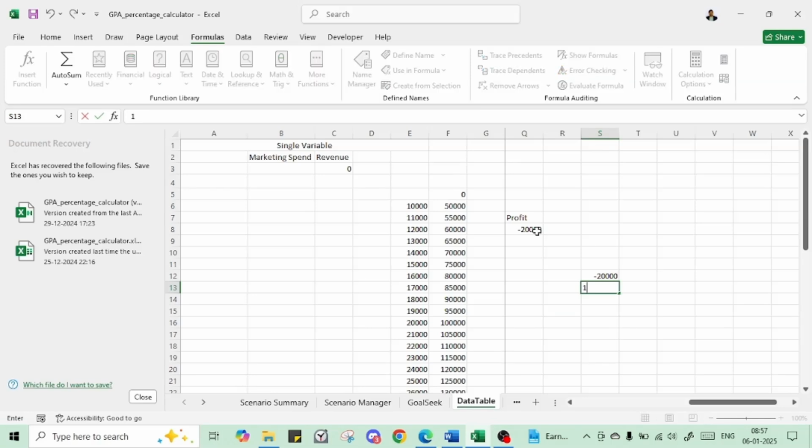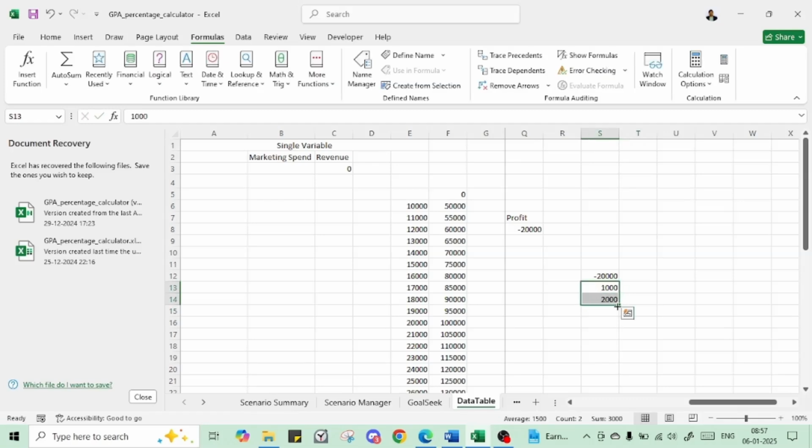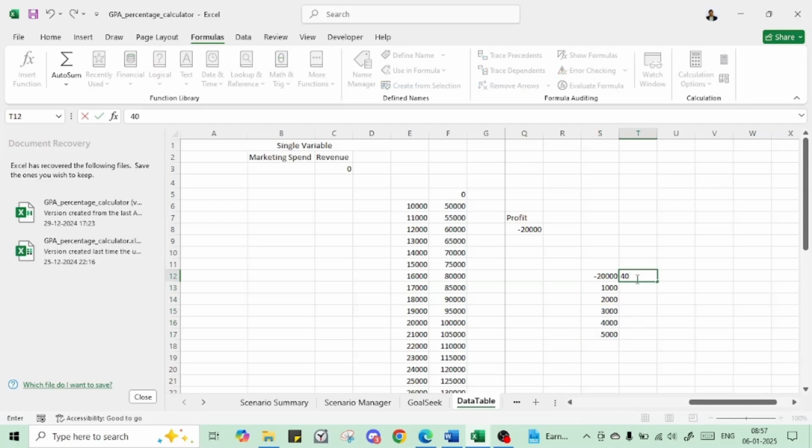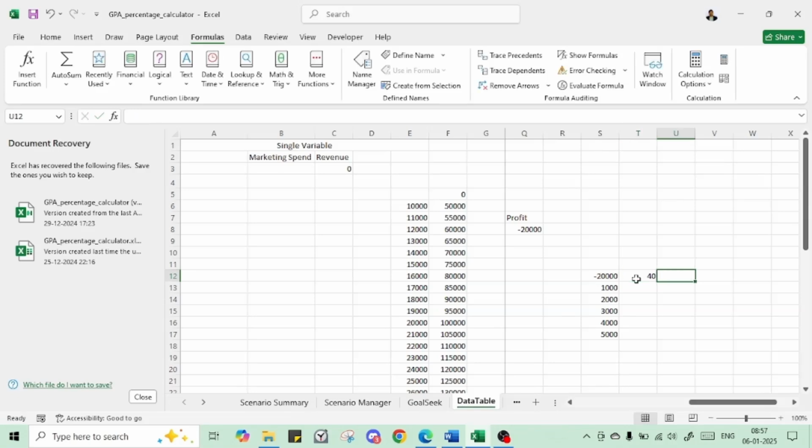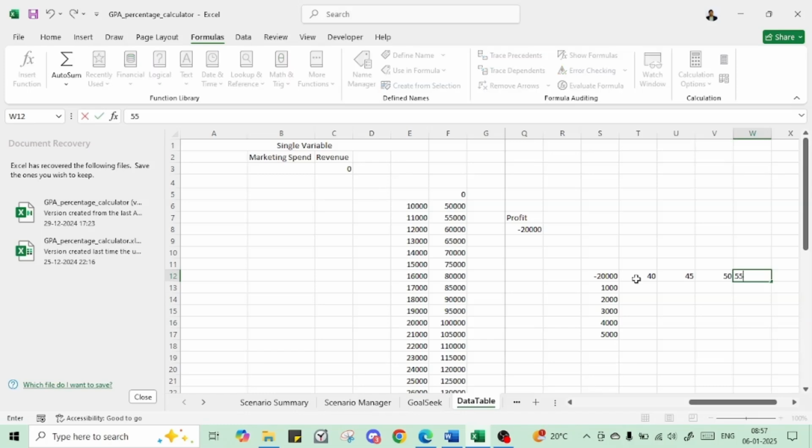And from 1,000 to 5,000 units of variation, and the amount which is varying is $40 to $55: 40, 45, 50, 55.